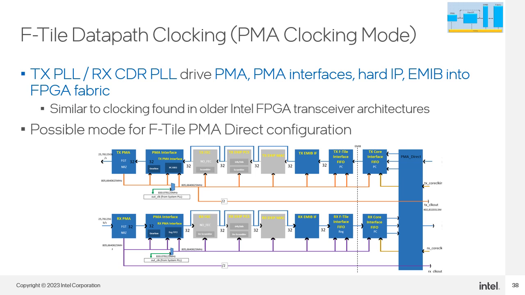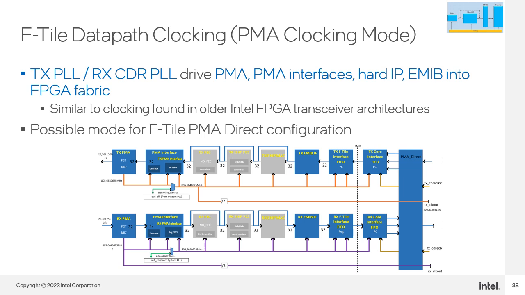PMA clocking mode is another data path clocking configuration. In this case, the PMA-generated clocks drive the PMA, the rest of the data path, and on into the FPGA. This clocking is like the transceiver clocking used in older Intel FPGA tiles like the L and H tiles, and in the transceivers in older FPGA families like the Intel Arria 10 FPGA.